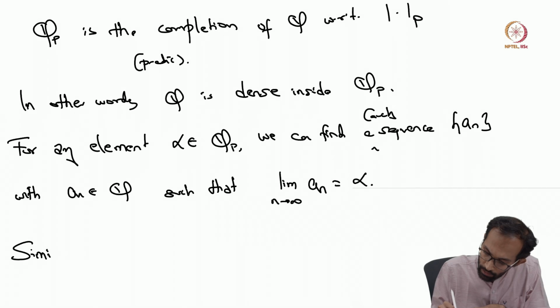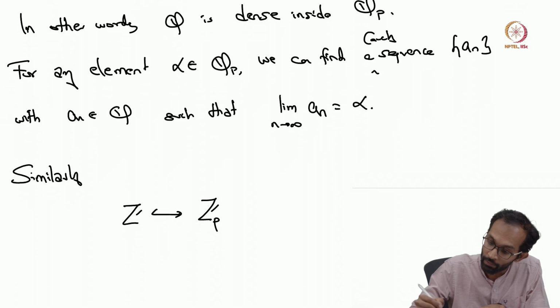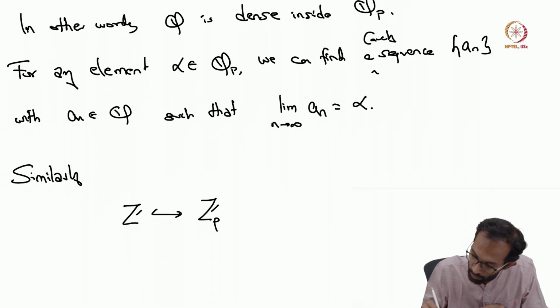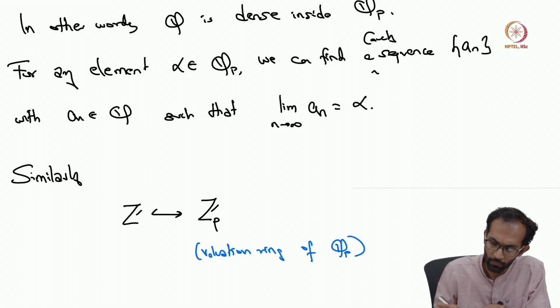And similarly, we have Z inside Z_p, and the way we defined Z_p was as the valuation ring of Q_p.